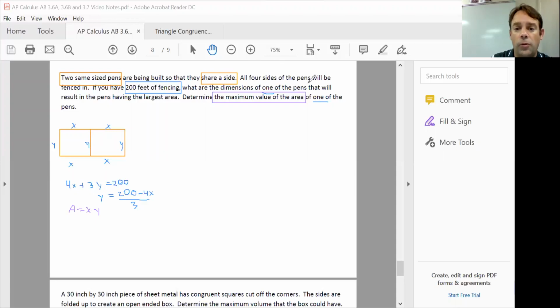Okay, so let's plug in our area. I have x times, and I'm going to break that up into two fractions there. 200 over 3 minus 4/3 x.